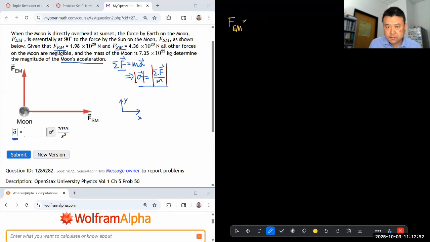Let me write it down with the unit vector notation so that I will remember how to add it. It's going in the y direction according to the axes I defined. So its x component is 0 x hat, plus the y component, 1.98 times 10 to the 20 newtons y hat, as a vector.